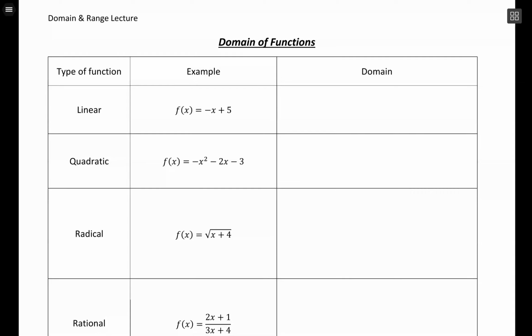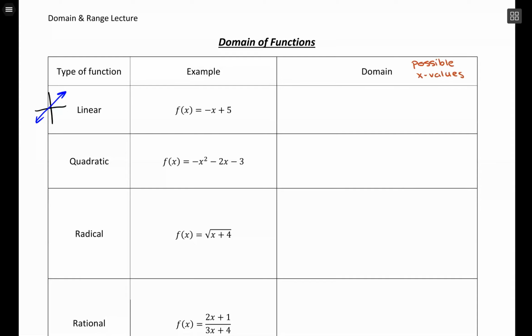So first, let's just talk about linear functions, a function that graphs a line of some sort. With any linear function, and really this is true of all of the functions, domain is all about the possible x values. What are we allowed to plug in for x?